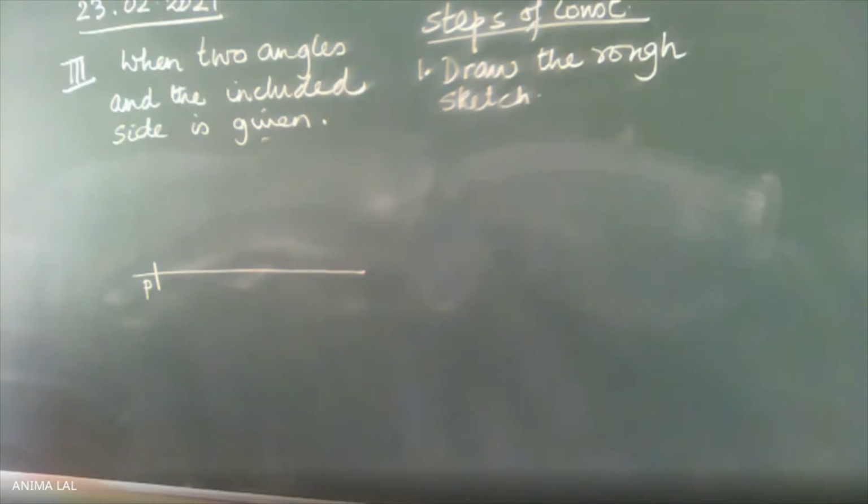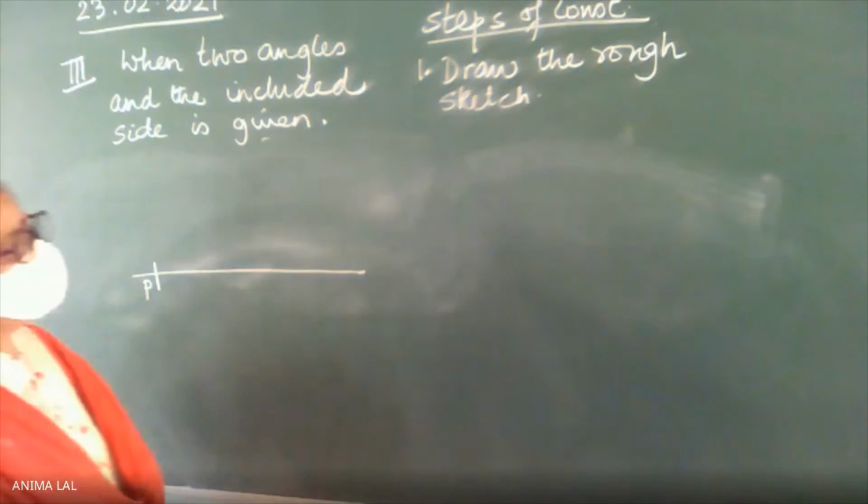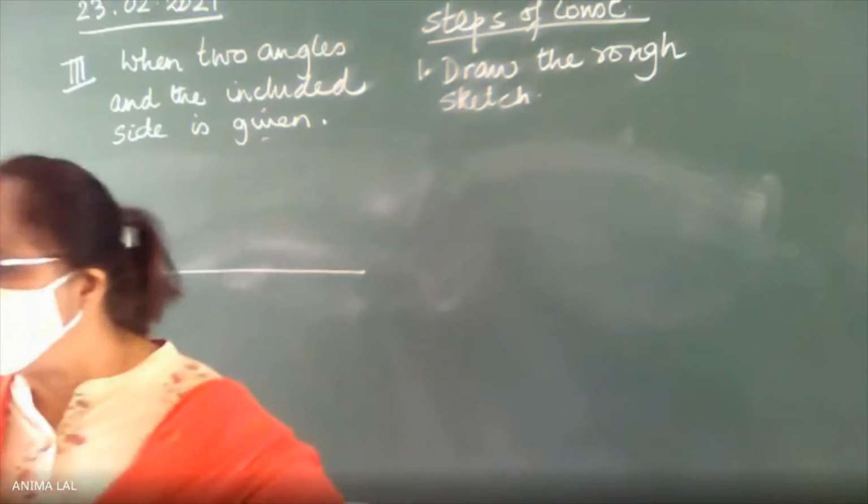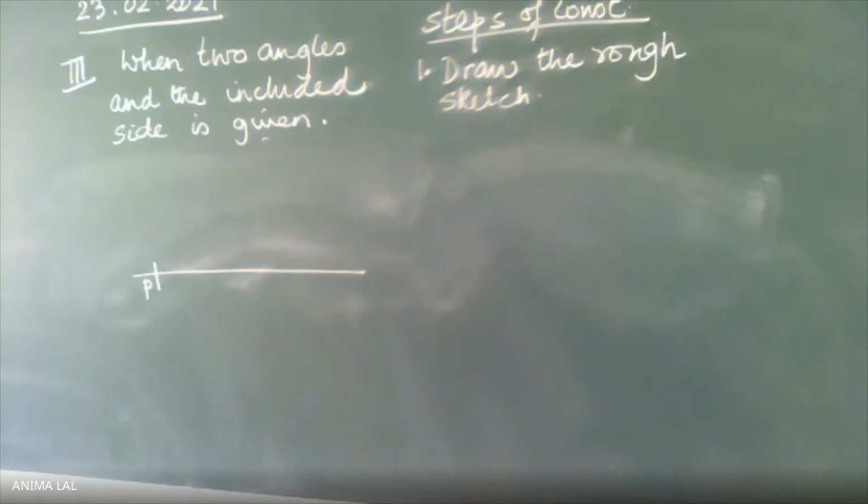Using your ruler, draw a straight line, mark the point P. Now take the radius of 5.5 with your compass.